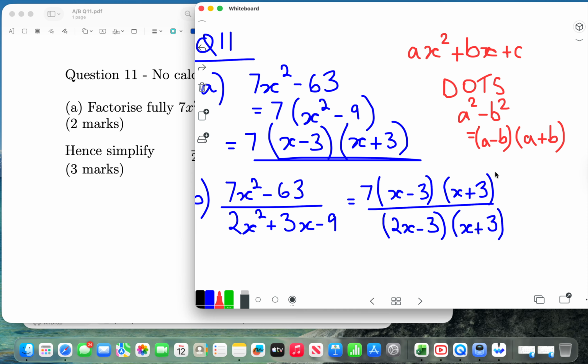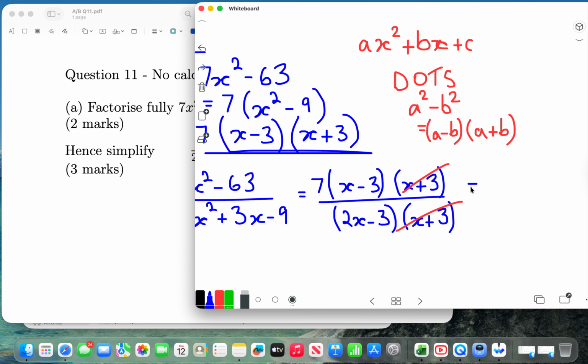Now you notice that there's a bracket of x plus 3 that can be cancelled out, and having a look at it, there's nothing else that can be factored out.